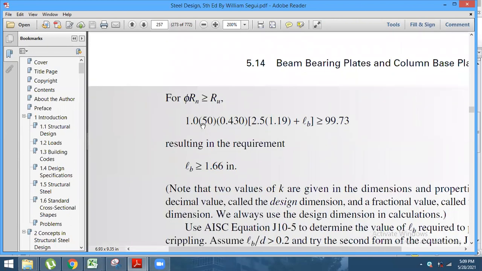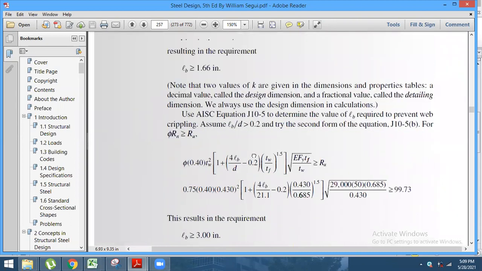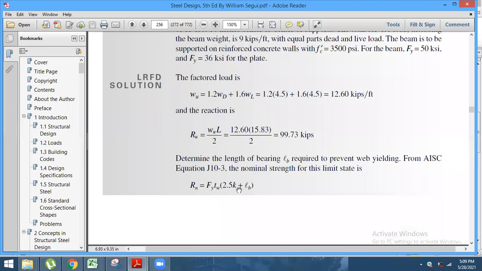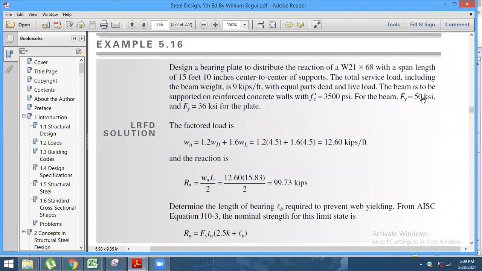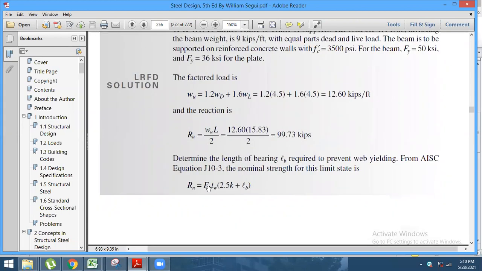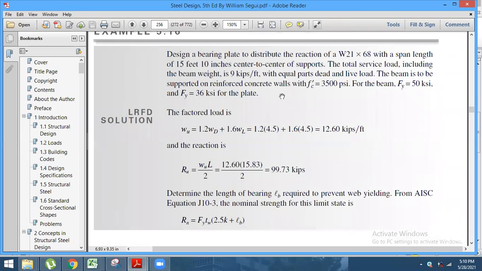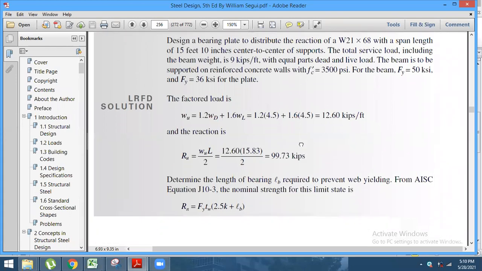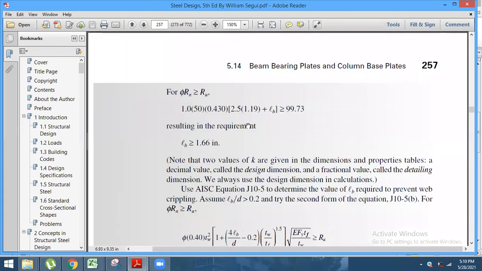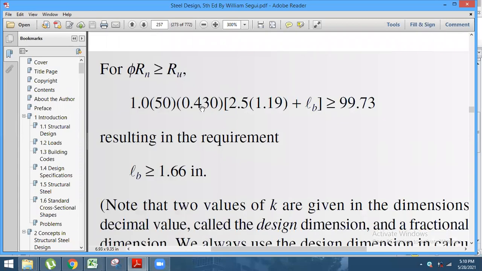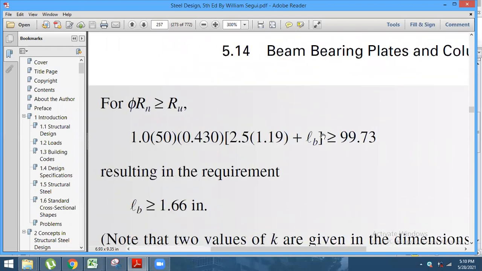So 1 times 50. Fy natin is 50 ksi. Okay, so 50 times the thickness of the web, thickness ng web natin. That is 50 times 0.43 times 2.5K plus the LB.